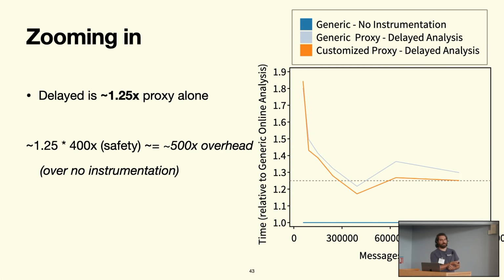So I don't know. But they are around 25%. So 25% of 400, we are at 500 times of overhead from the original program. We can think, okay, maybe this is satisfactory or not, depending on the application we want to instrument.